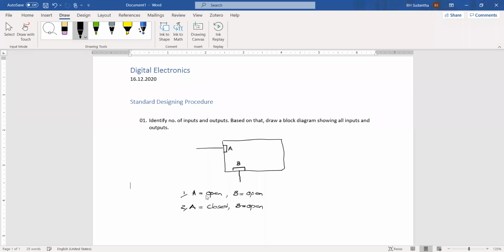That is the second condition. If one of these conditions is satisfied, we have an alarm, and we have to sound it.